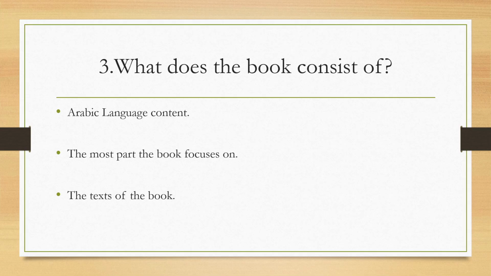We have another ilm called ilm al-nahu. What's ilm al-nahu? Ilm al-nahu focuses on how to put the word in the right place. When you make a sentence, you can't put the words in the sentence depending on your own language. Yani, if you think in English, when you say where are you from, where is aina? So you would put aina first. But in fact, when you say where are you from in Arabic, you have to say min aina anta.